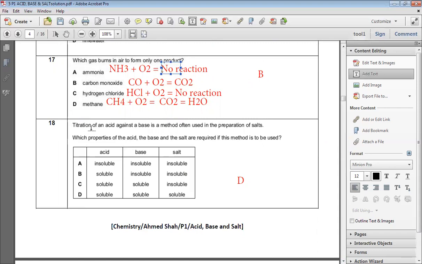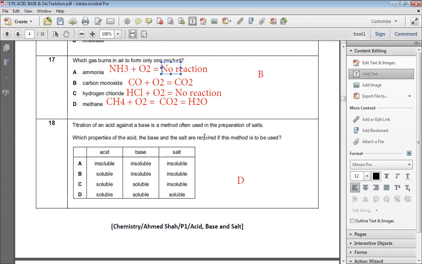Question number 18, titration of an acid against a base is a method often used in the preparation of salts. Salts should be soluble. That is why titration should be used. One should be an acid and the second should be an alkali or base, and both substances are soluble.